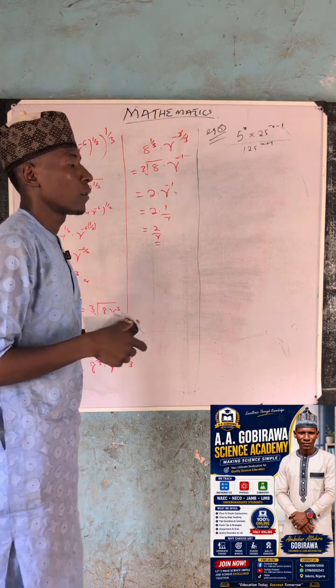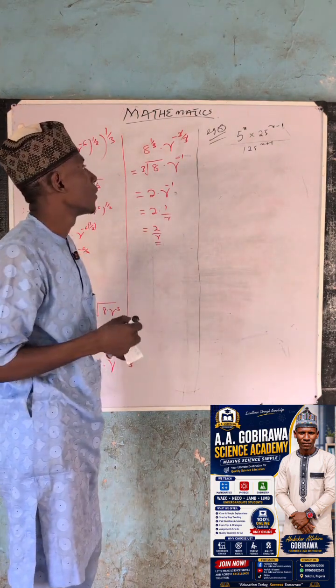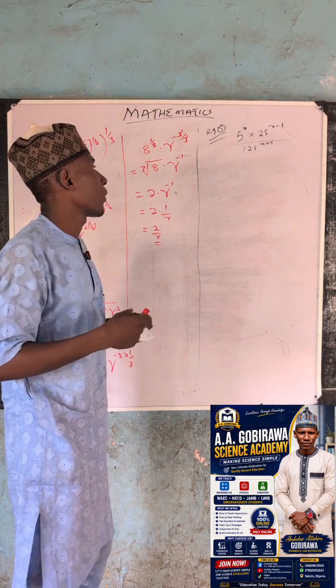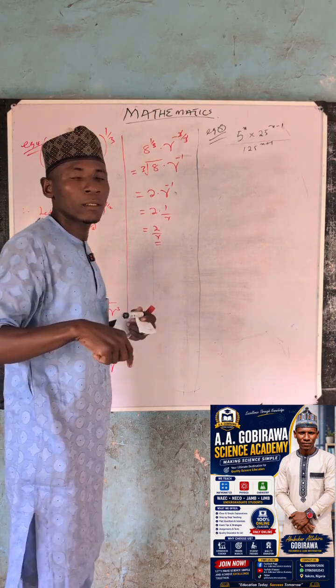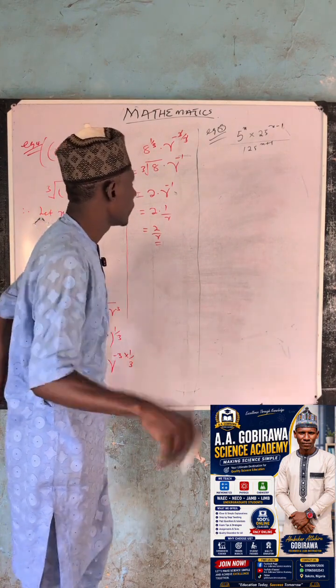Then simplify this. So in this one we have the multiplication law and the division law, with the power law. So now we simplify.